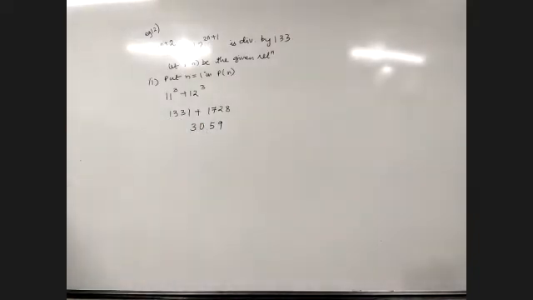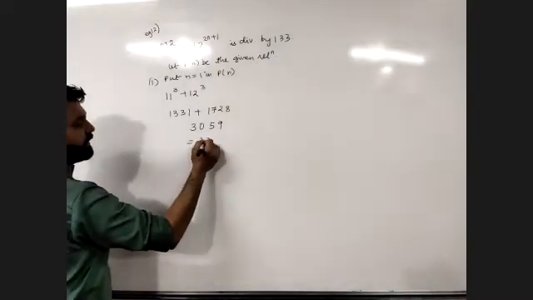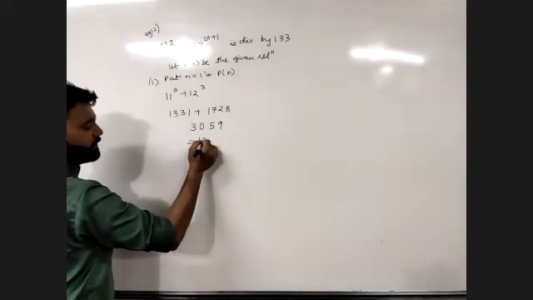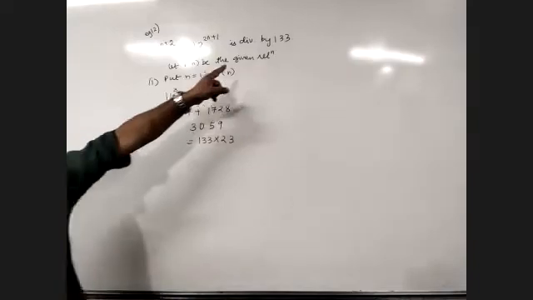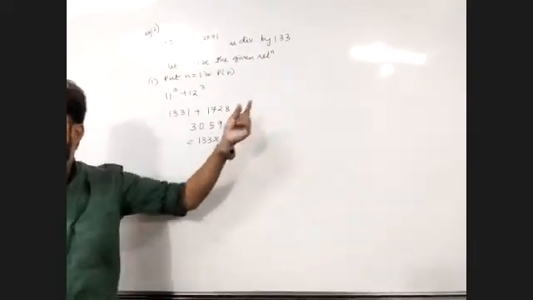Now 3059 can be written as 133 into 23, because we have to show that this is divisible by 133. So it should be written like this.